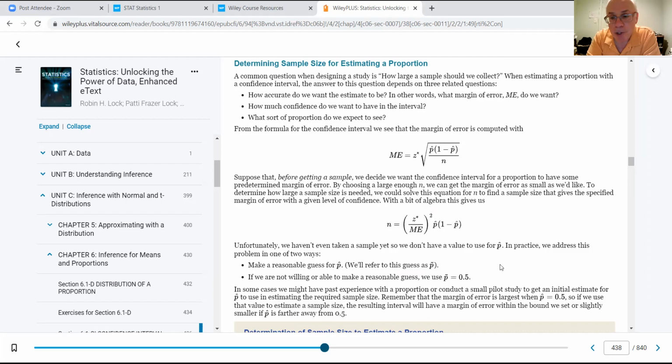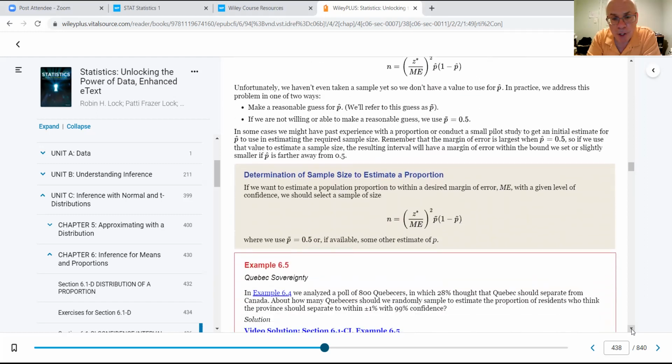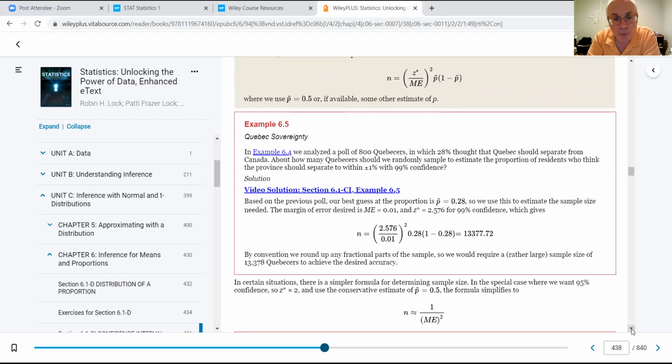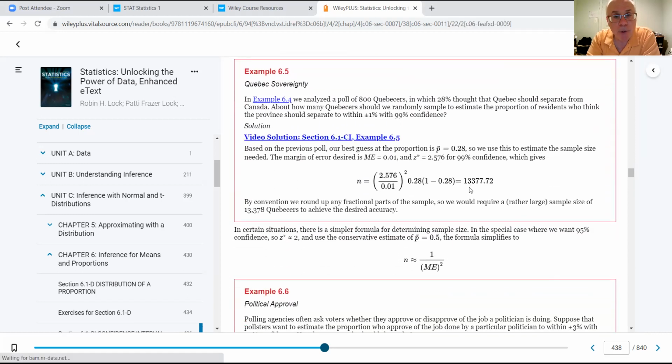So let's just do an example here. We'll show the example and then we'll do one in the back of the book, and that'll be it. All right, so suppose again, remember we had a poll of 800 Quebecers, right? What if we wanted to determine ahead of time how many Quebecers we wanted to survey?